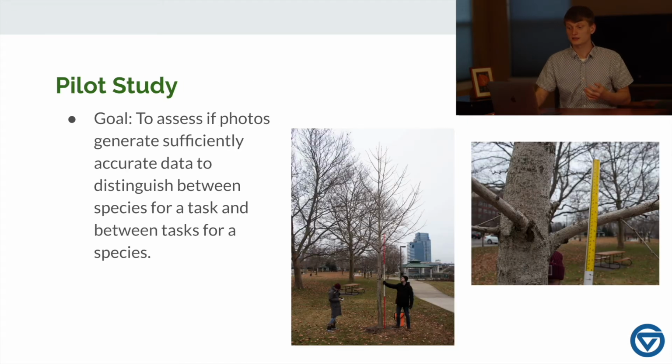But moving on to the pilot study, whose goal was simply to assess if photos generate sufficiently accurate data to distinguish between species for a given task, and inside of one species between tasks. There on the right are just some example photos of ginkgos from the study.